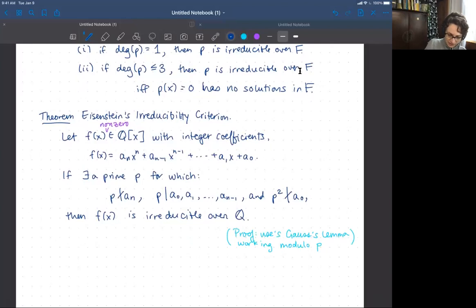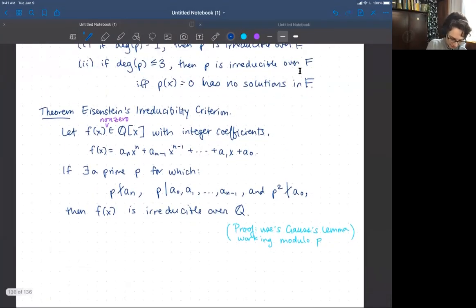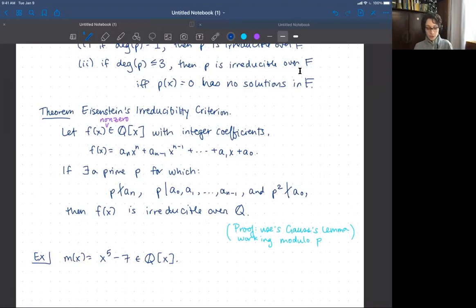All right, so let's cook up some examples here. Let's look at m of x is x to the 5th minus 7, which definitely belongs to Q[x]. In order to use Eisenstein's irreducibility criterion to argue that this polynomial of degree 5 is irreducible, I need to find a prime P that does not divide the leading coefficient.